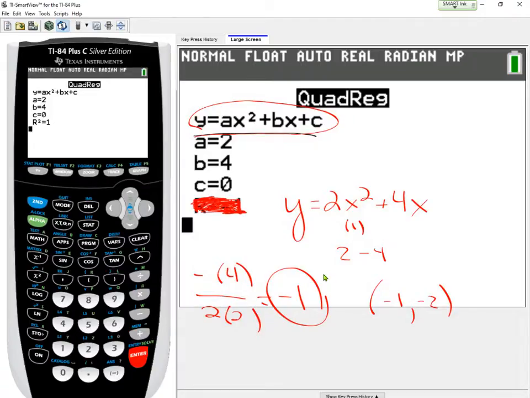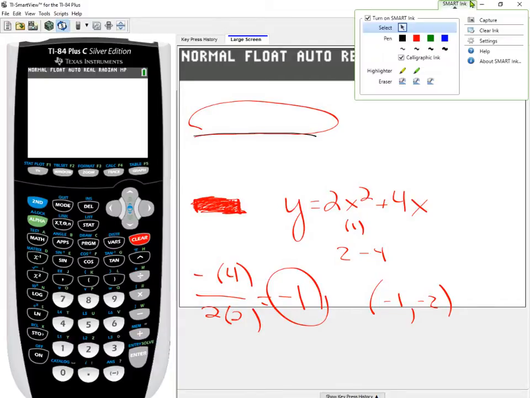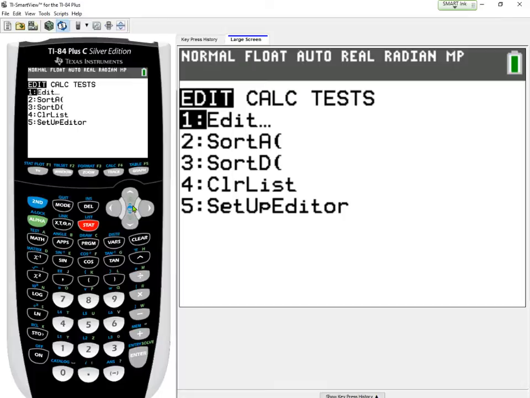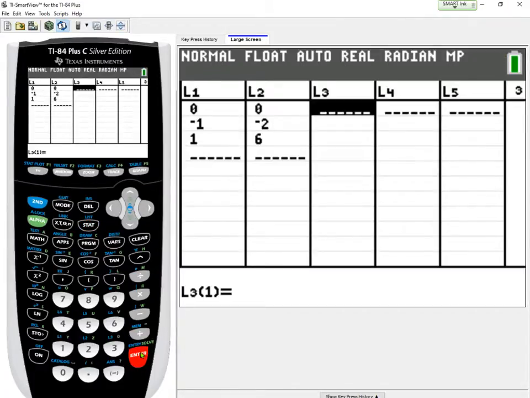Okay, some of the common errors. Dimension mismatch. Anybody get a dimension mismatch? Let me show you what that would look like. Let me go over to stat, stat edit. Let me clear this.